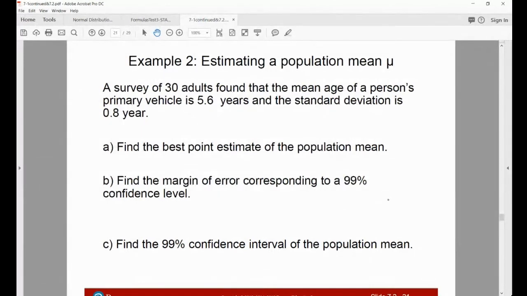So, what would be the best point estimate for the population mean? It's always the sample mean, but what's the sample mean in this example?